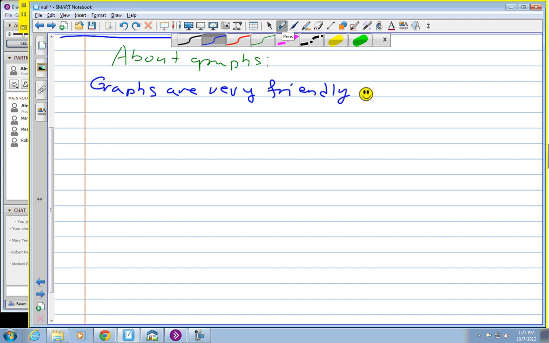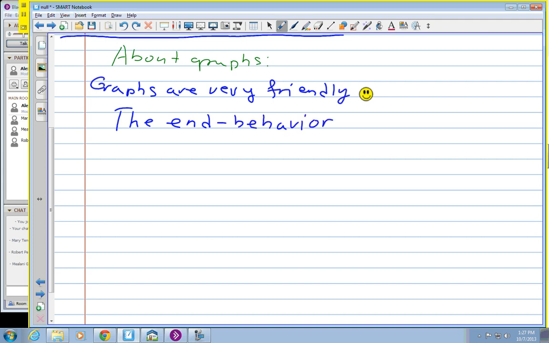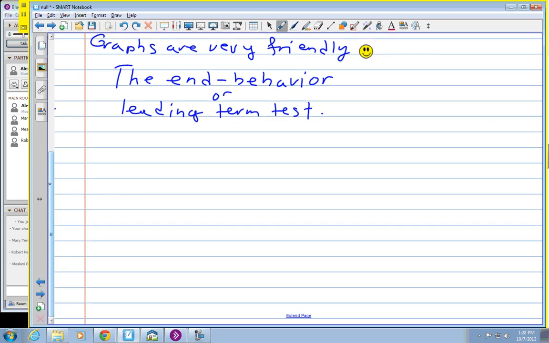We're going to make a little table. I'm going to call this the end behavior, or the leading term test. It tells us what the general shape of a function is going to look like. So I'm going to make a little table like that.